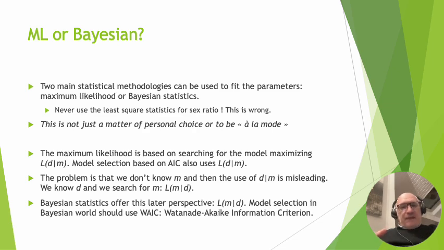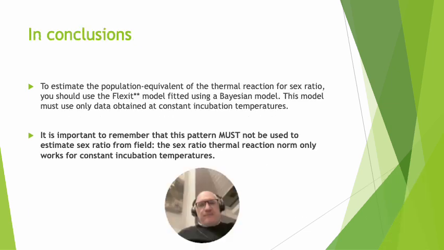We know the data and we search for the model. Then we should use the likelihood of the model knowing the data. Bayesian statistics offer this latter perspective, likelihood of model knowing the data. If you want to do some model selection in the Bayesian world, you should use WAIC, Watanabe-Akaike Information Criterion.